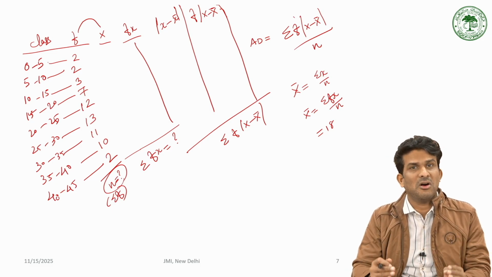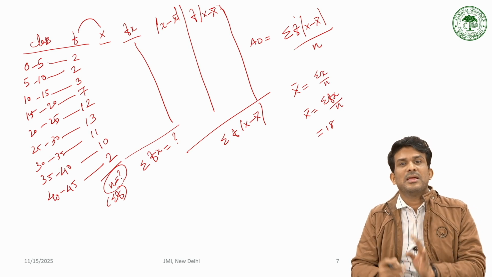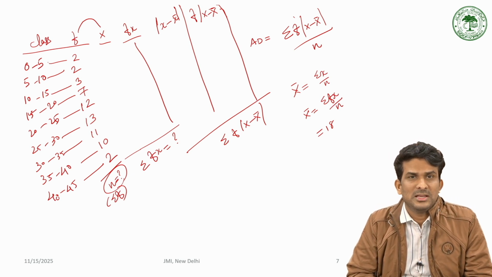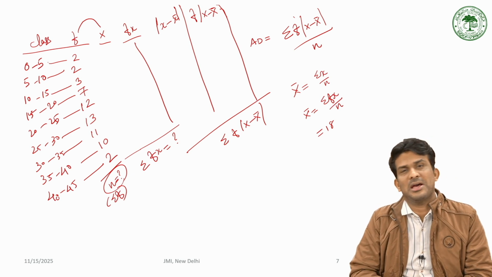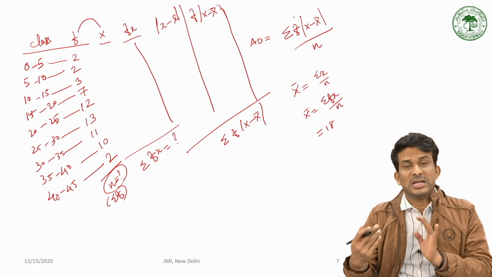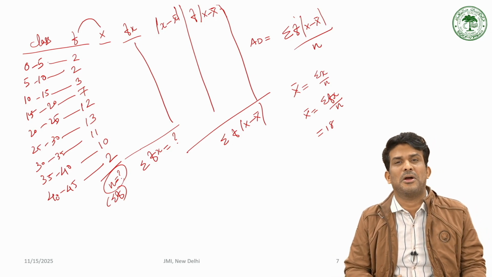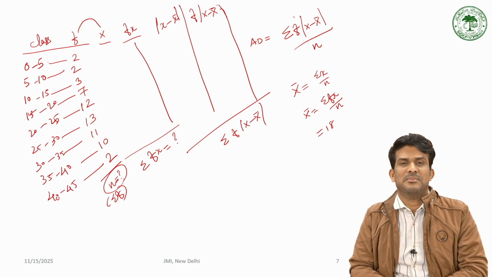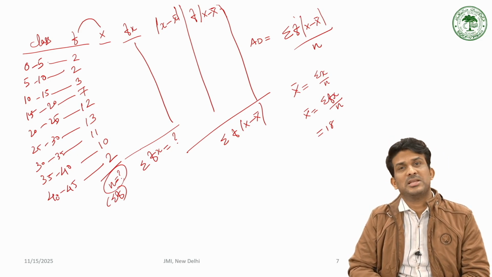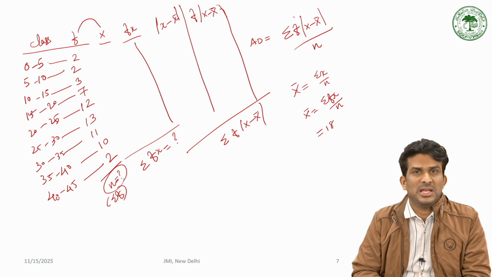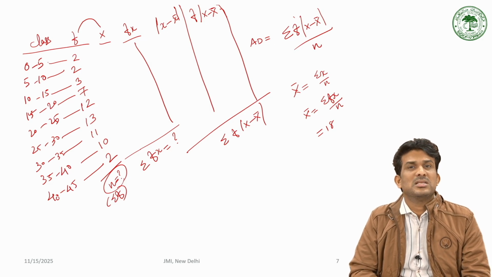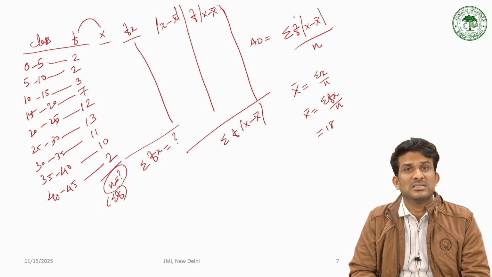This is the way of calculating the arithmetic mean, right? Once the arithmetic mean is clear, you go for the difference between each midpoint and the arithmetic mean, and that is also modulus. We don't want to take into account the sign, since sometimes it is negative.